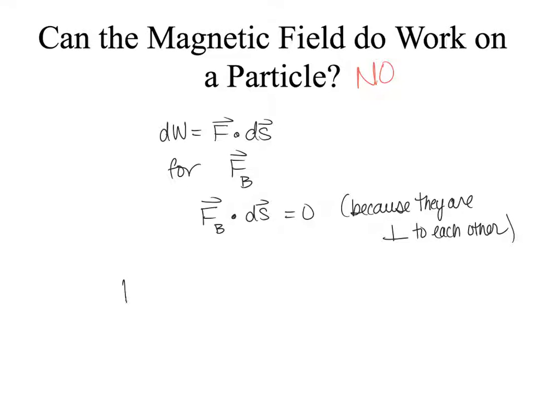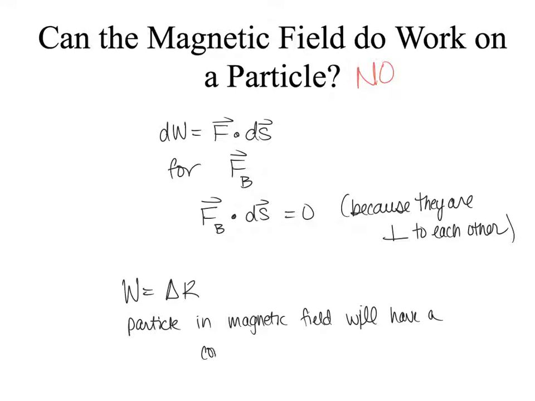Furthermore, remember that work can be found to be equal to the change in kinetic energy, and so this also means that the particle in the magnetic field will have a constant speed. And that's because the kinetic energy doesn't change, and so that means the speed is constant.